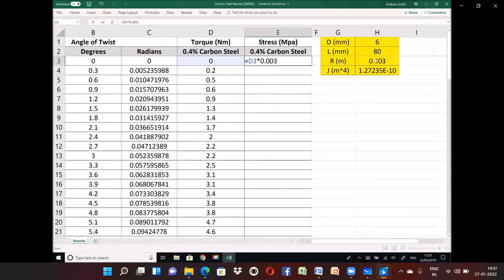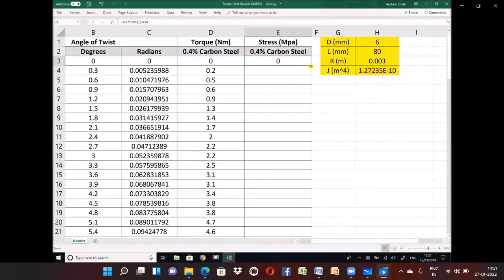And our J value, here I'm going to use the cell reference, divided by H4. Now, when we paste that formula down, we don't want H4 to change to H5, H6, H7, and so on. So what we need to do is absolute cell reference this H4. The way that we do that is by putting a $ sign in front of the H and a $ sign in front of the 4. I'll show you what this does in a moment.